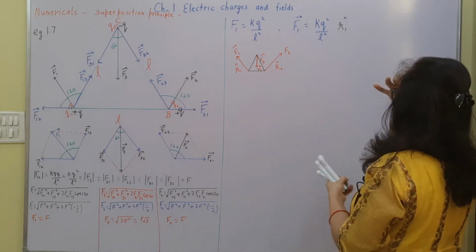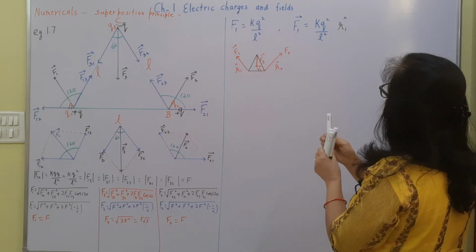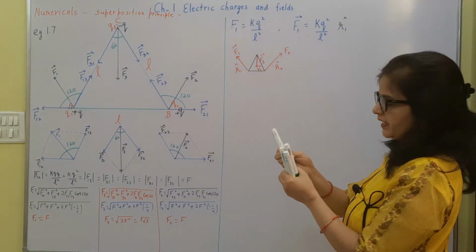So we'll write these vectors in the form of R1 cap, R2 cap and n cap.